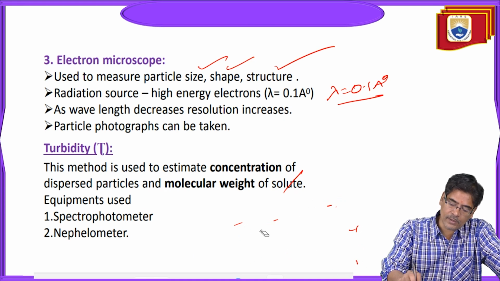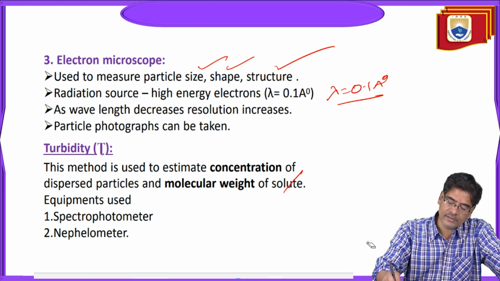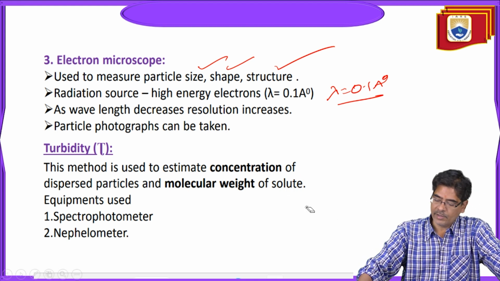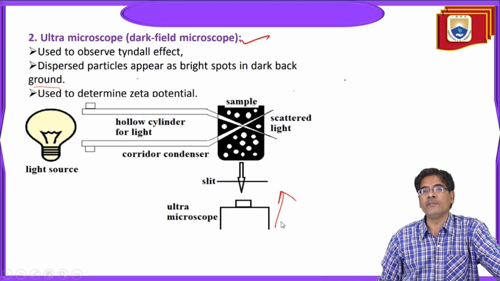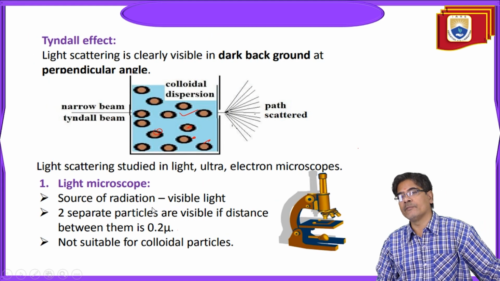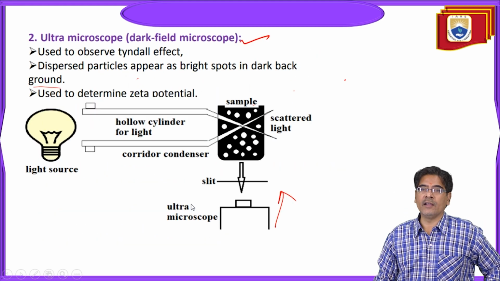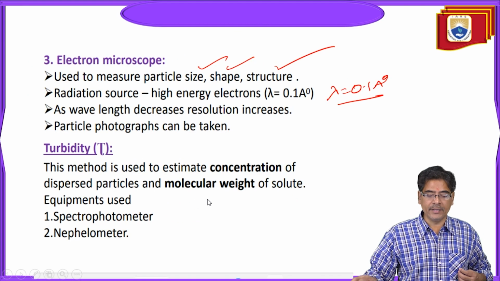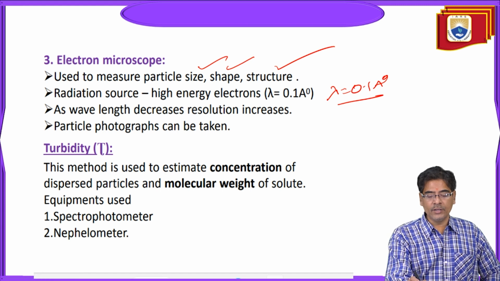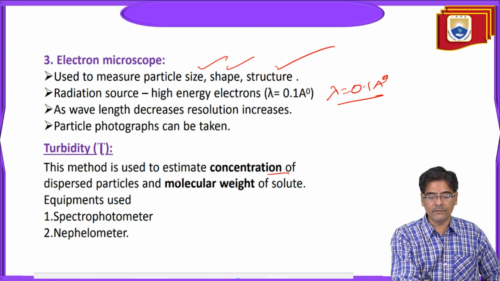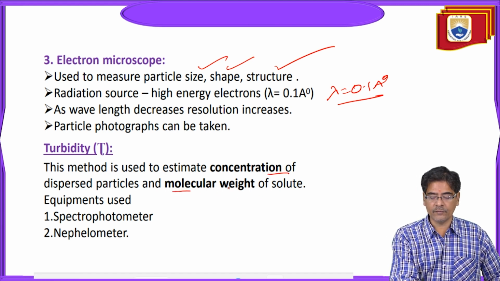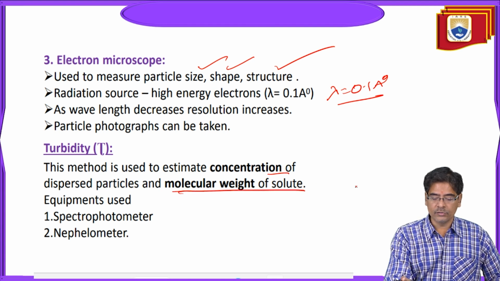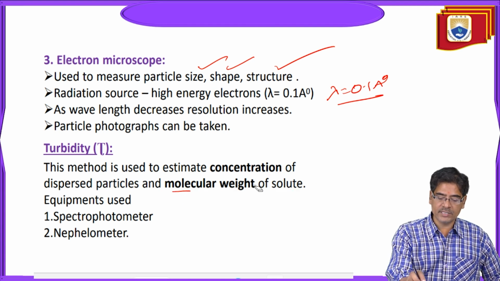The electron microscope, ultra microscope, and light microscope are the three types of microscope where we can study light scattering and the path. The next parameter is called turbidity.